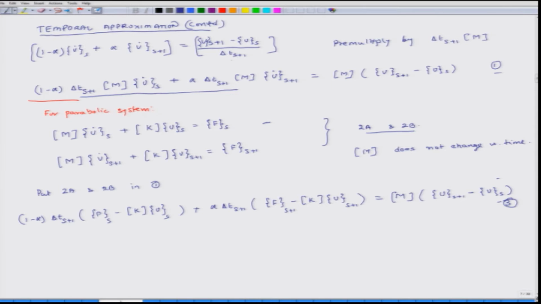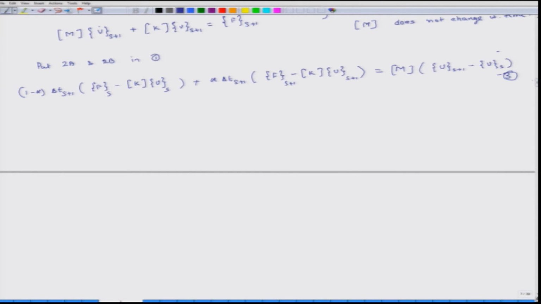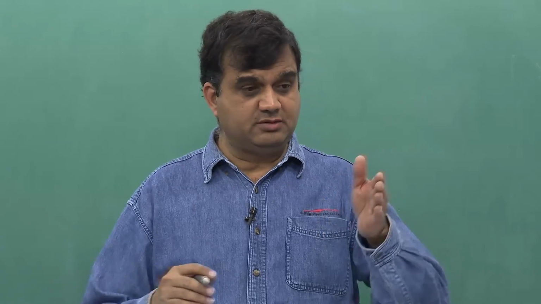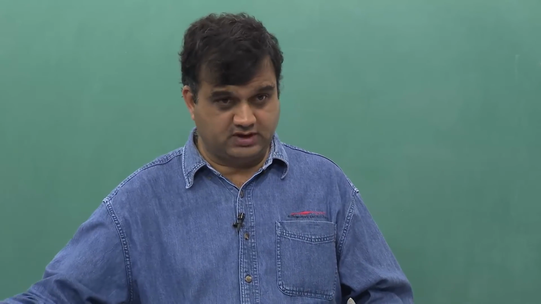So what is our goal? Our goal is to calculate u at different time steps. If I know u at time step s, then I should be able to calculate u at time step s plus 1.